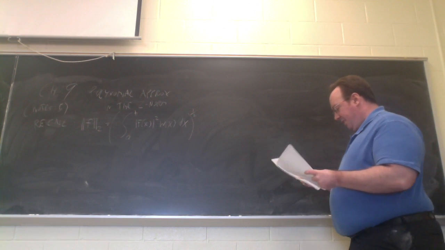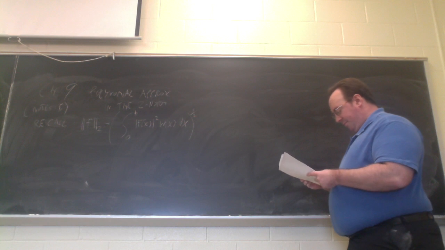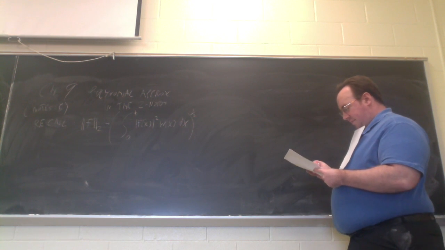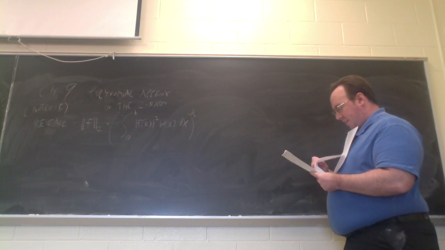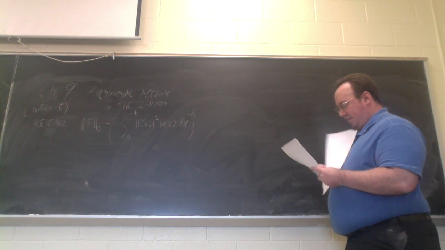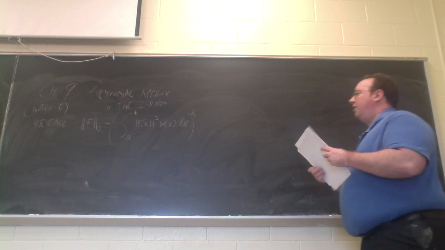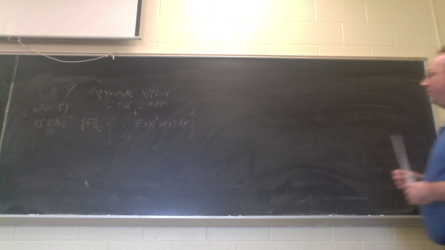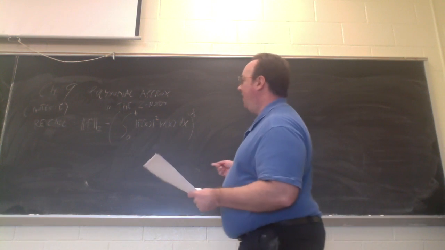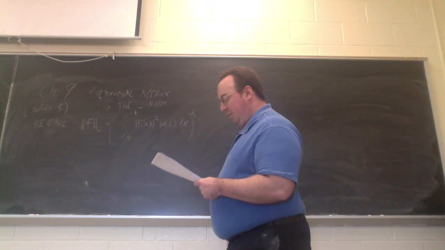Okay. Now, when we were talking about the infinity norm, I dealt with normed spaces, so spaces of functions that have a norm like this defined on them, whether it's a 2 norm or infinity norm or some other norm.